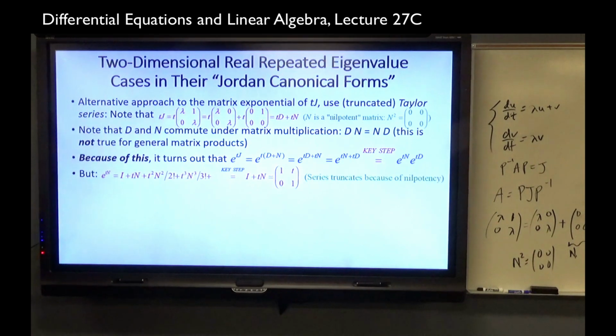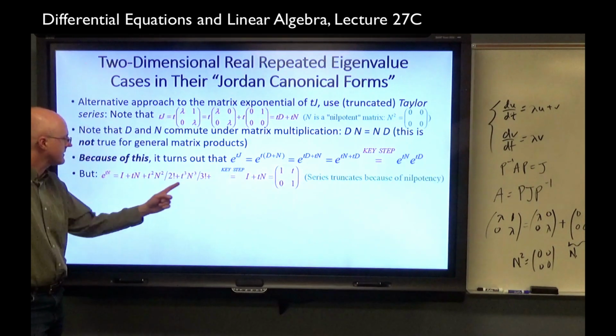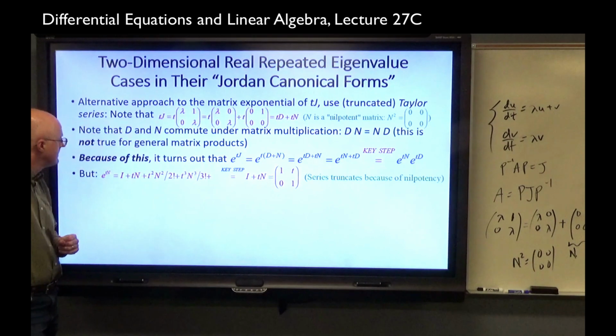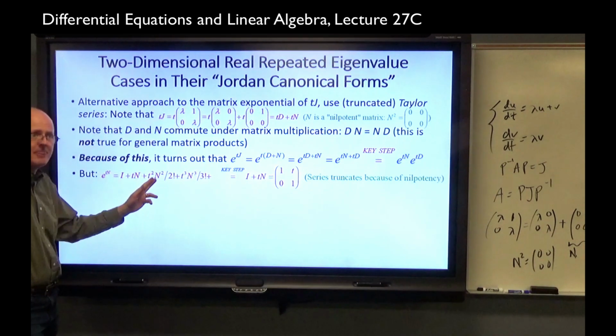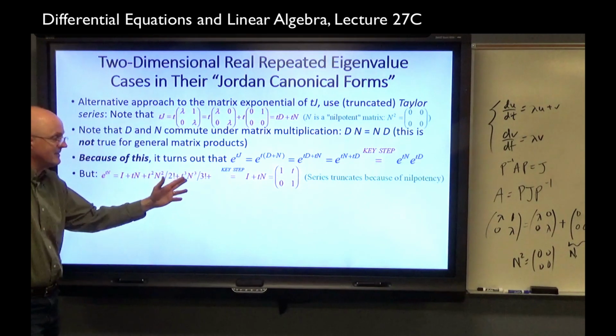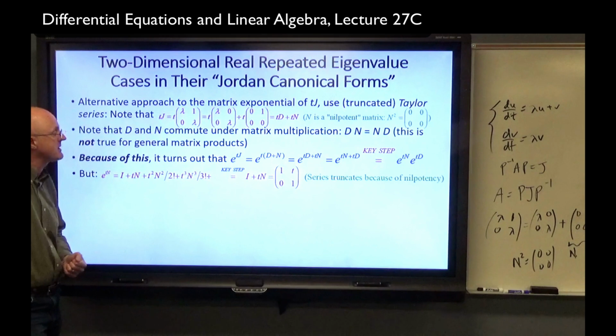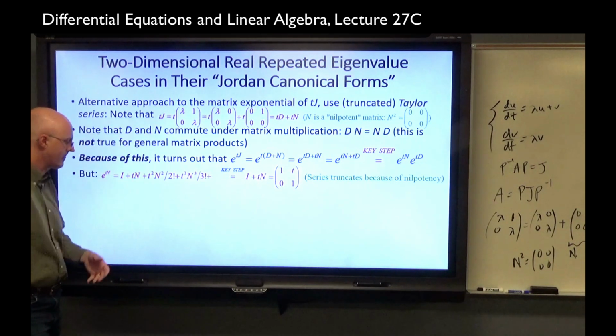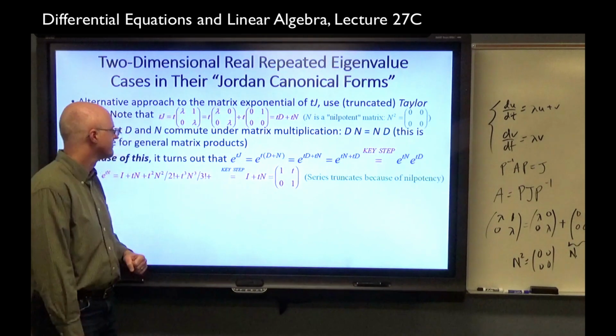But e to the tN, in terms of a Taylor series, is this. We talked about that before. But remember, N squared is the 0 matrix. That term goes away. And if N squared is the 0 matrix, multiplied by N again you get the 0 matrix again. N cubed is also the 0 matrix, N to the 4th, N to the 5th, etc. I meant to put dot, dot, dots in there.